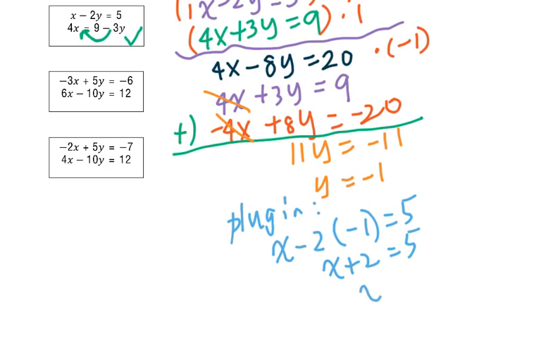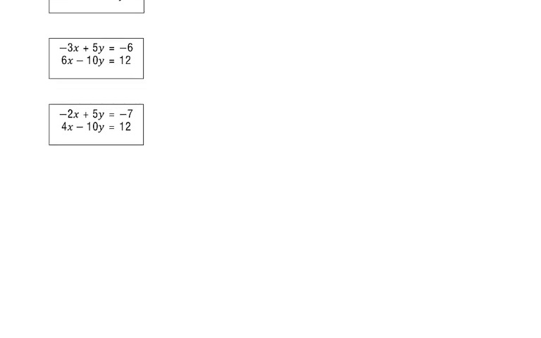So minus 2 both sides, x equals 3. So that's my answer. It will be (3, negative 1). Now let's go to the second equation. The second and the third one are special cases. So I just want to go over these quickly.